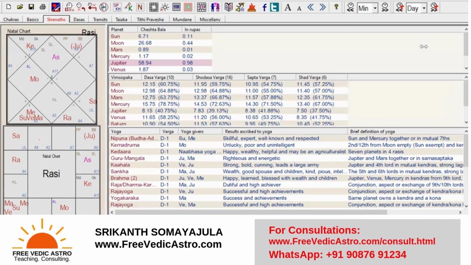Like you see Mars, the Mars cheshtabala is 0.89. It's too low, because it's completely combust. So if it wants to deliver a result, it cannot, because there is no power inside him. But when the sun is delivering the result, it will add up the result of Mars, Mercury, Venus all together, and sun will give you the result.